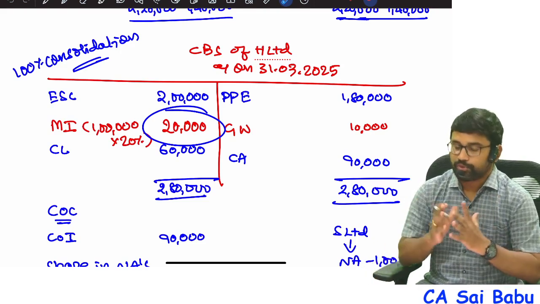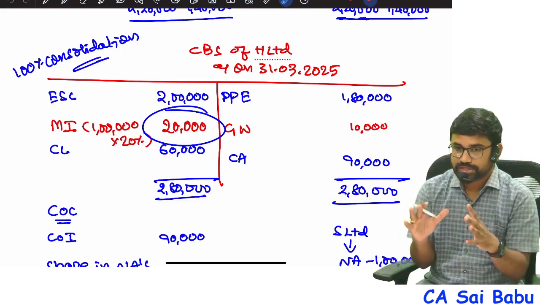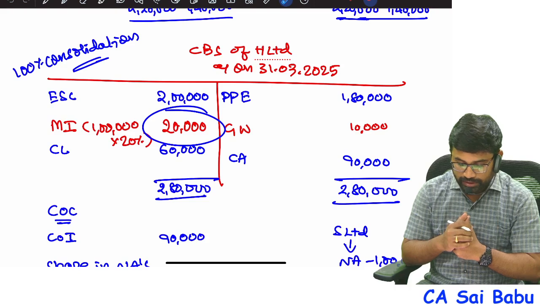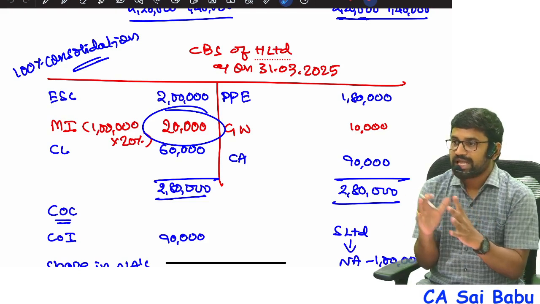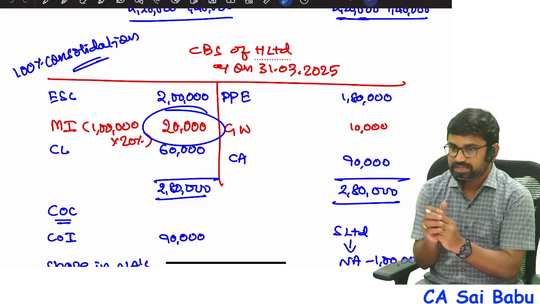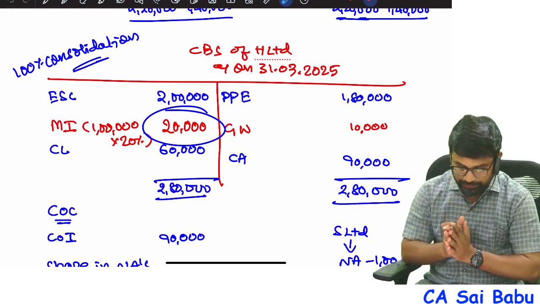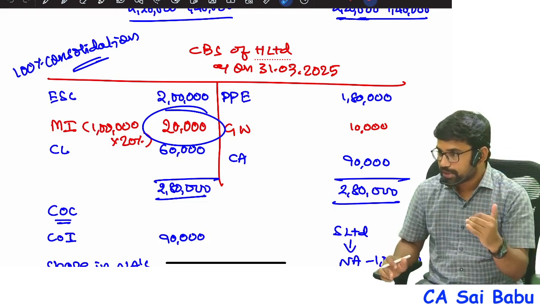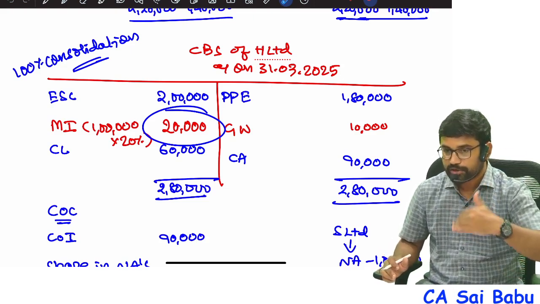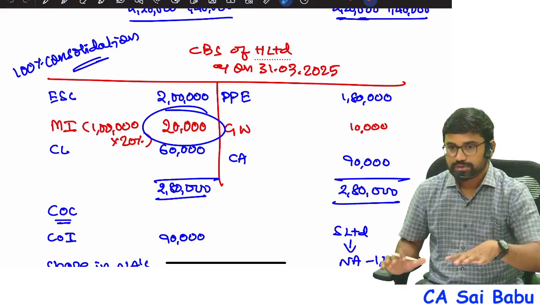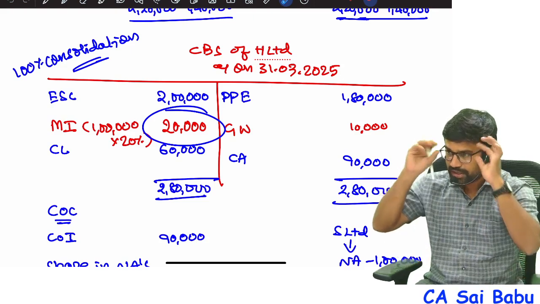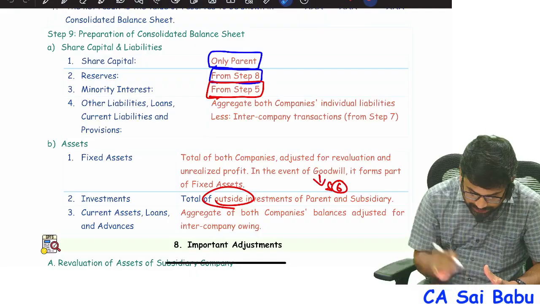Now I am going to discuss each and every step in detail, especially the analysis of subsidiary company reserves and surplus, which is the most important step. Once you have done the analysis properly, then apportionment, minority interest, cost of control, reserves for consolidated balance sheet, these steps will be very easy. Okay, so let us start.